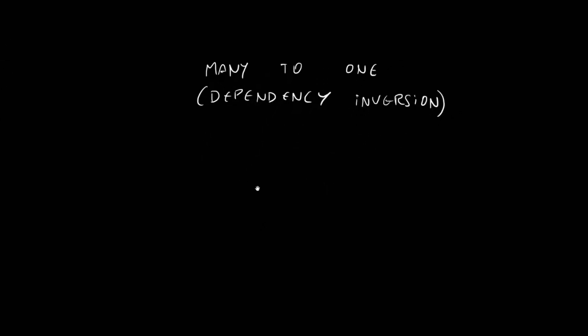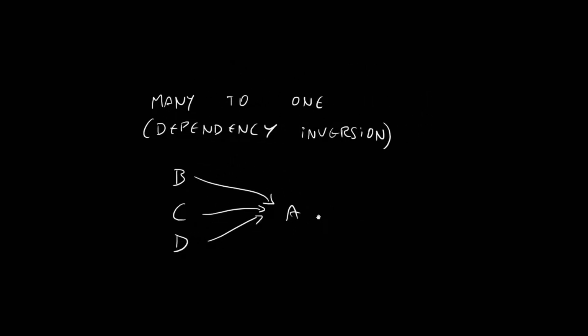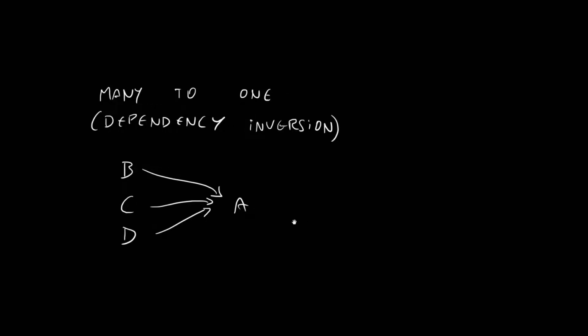So actually what we want is that we have a B, a C, and a D, and they depend on A. And actually what the dependency inversion principle states is that they should not depend on A, but rather on some kind of A interface, and then that goes to A.